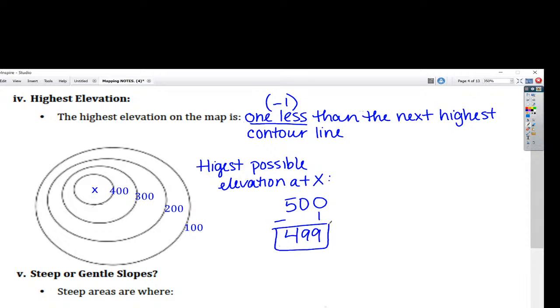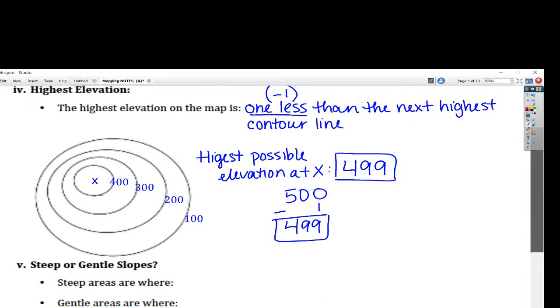Does that make sense? Okay? It can't be 500 or anything bigger than that. So the highest possible elevation at x is 499 based on this example. That one's a little bit easier than the pit. It's weird to think about a smaller elevation rather than a larger one.